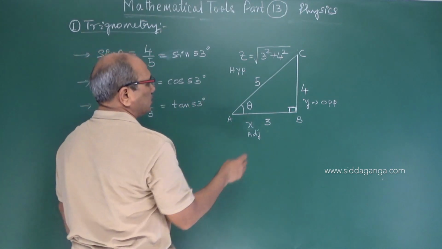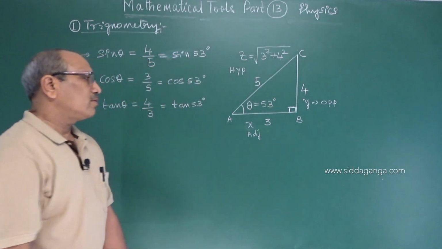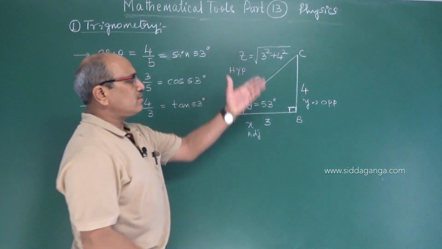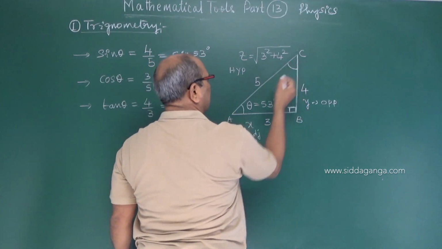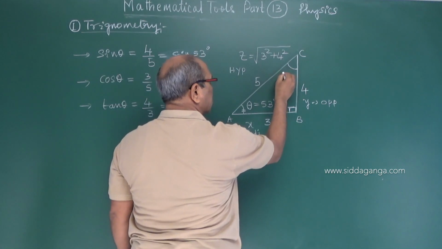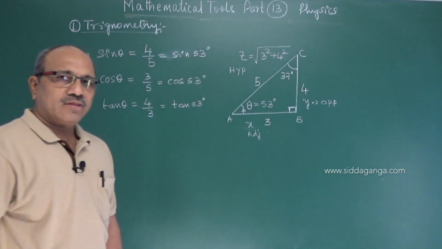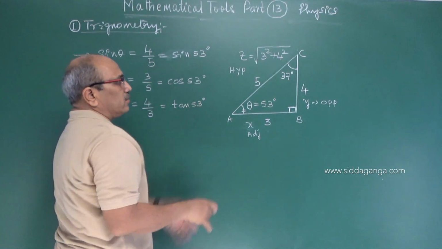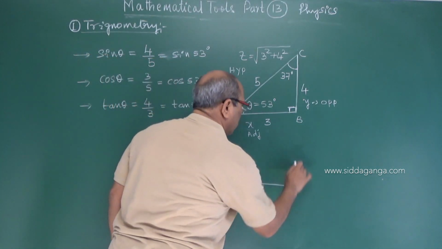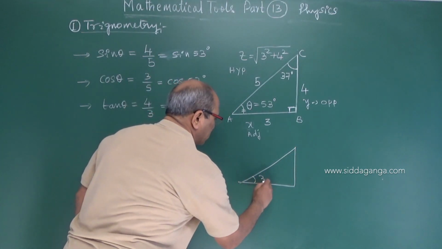That means theta is equal to 53 degree. You have the other side, as we measured for this. If I take this as theta, it is 37 degree because it is 90. For convenience, I turn this and may write. So let us take this 37 degree.